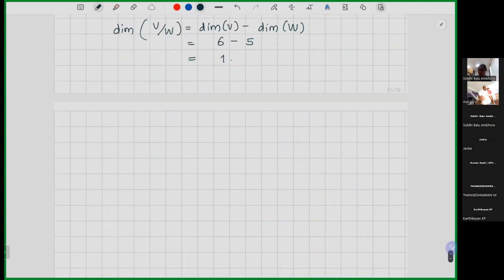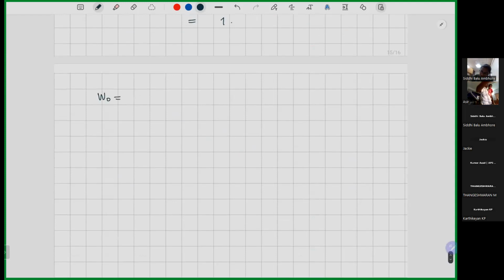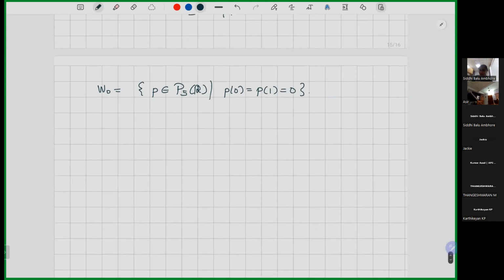So W naught now, W naught is what? It is P in P5R such that P(0) is equal to P(1) is equal to 0, right? Sorry, it's not P naught, it is P at 0 and P at 1, and it has to be equal to 0.